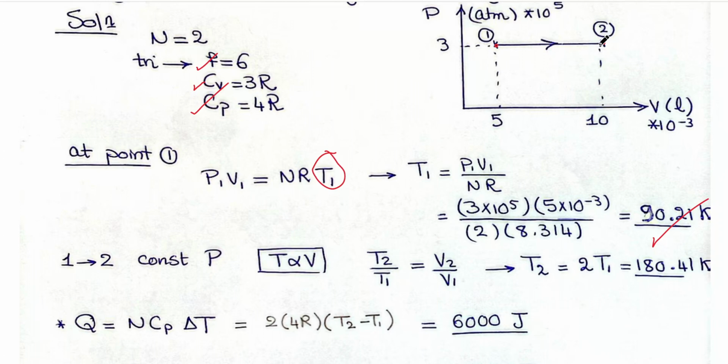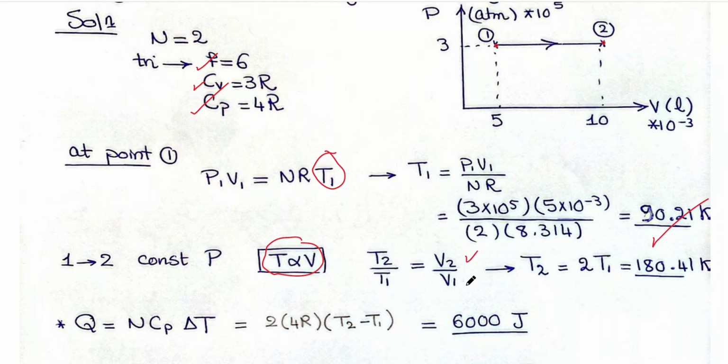I can do the same at point 2, or simply, because this is a constant pressure process, the temperature is proportional to the volume, so T2 over T1 equals V2 over V1.